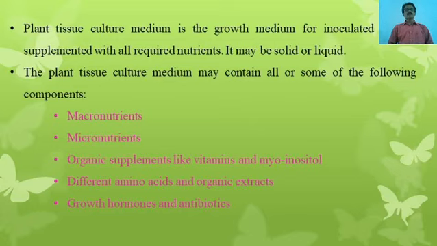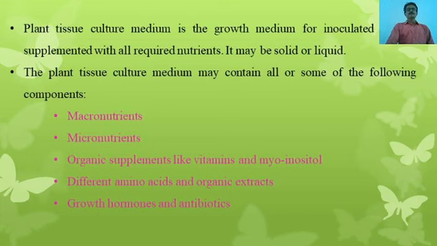Then organic supplements like vitamins and myo-inositol, and different amino acids you have to add. Then sometimes you have to add organic extracts like coconut milk, or you may also have to add growth hormones for proper growth or to stimulate the growth, and you may also have to add certain antibiotics in that medium.